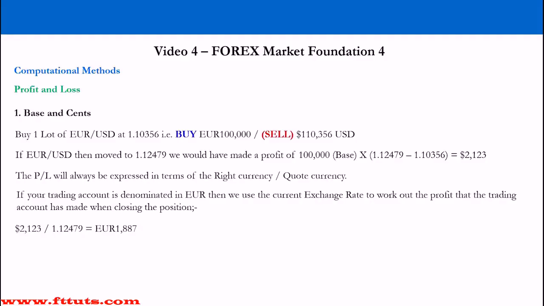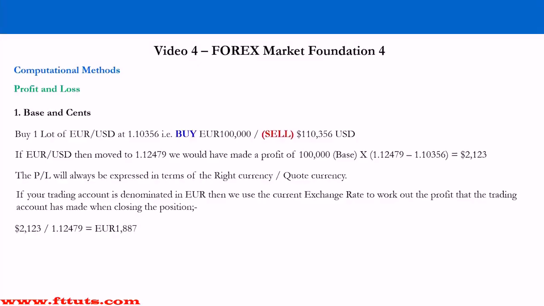So we take the profit, $2,123 expressed in the quote currency, and divide by the current exchange rate, 1.12479, and we get to a profit of 1,887 euros. So working out your profit and loss in base and cents is extremely straightforward.